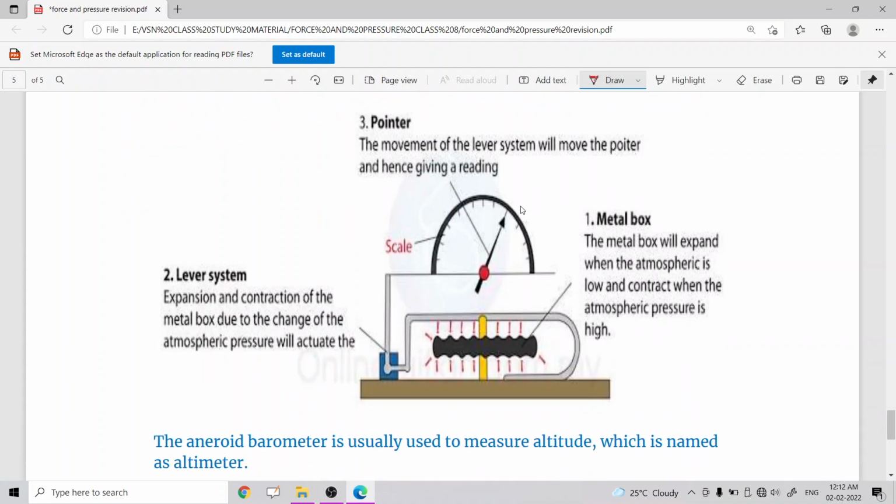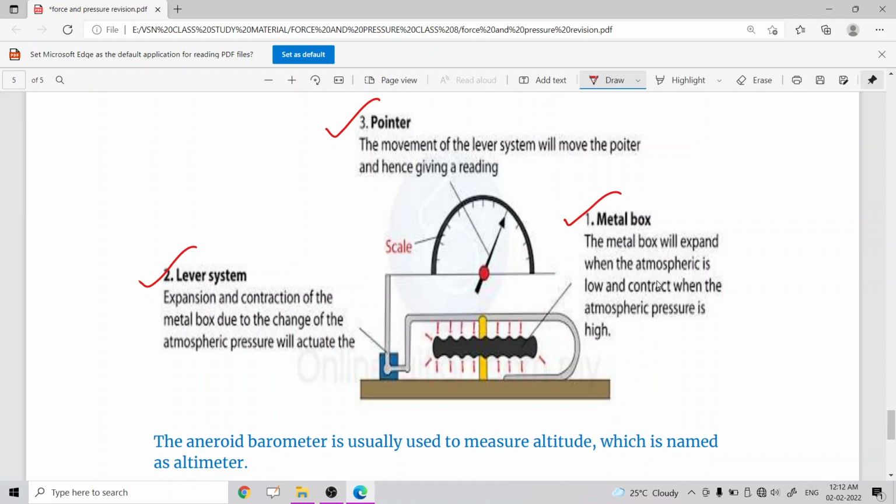You can see the diagram of the aneroid barometer. Here there are three parts: one is the metal box, another is the lever system, and another is the pointer. So this is the block diagram of the aneroid barometer.